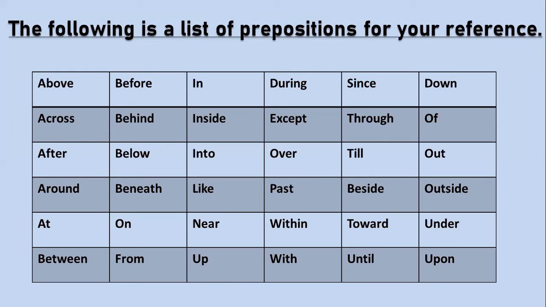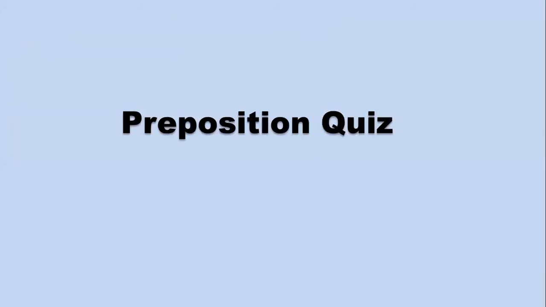Now, with the reference of this chart, let us solve the quiz based on prepositions. We have done the general rules and seen the chart. Now let us see how many questions we can answer right. So the quiz starts here.